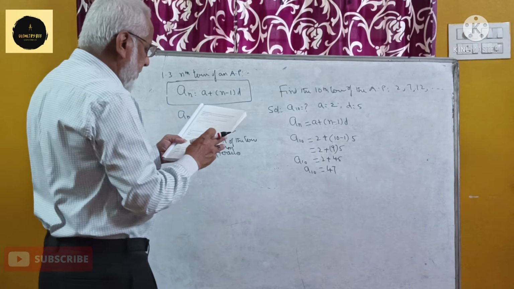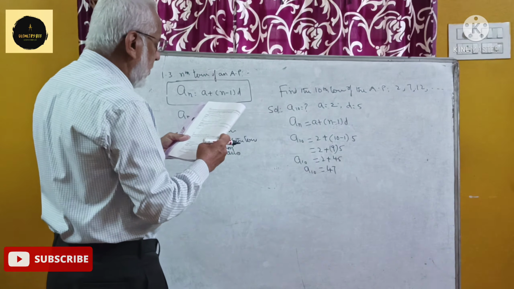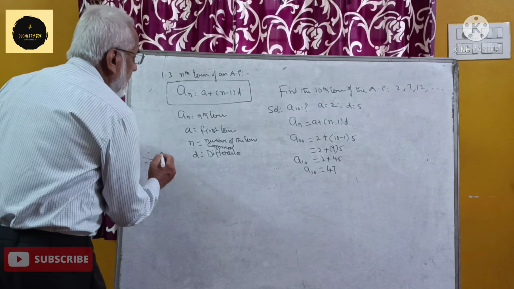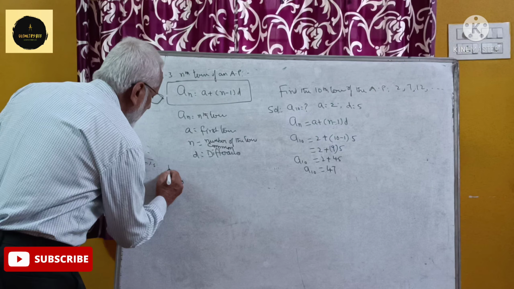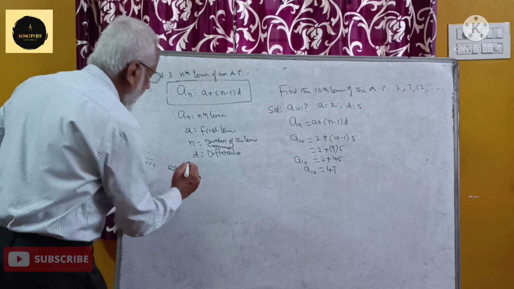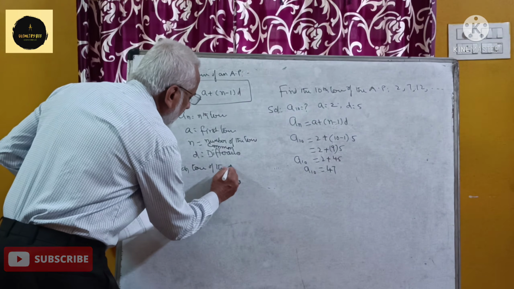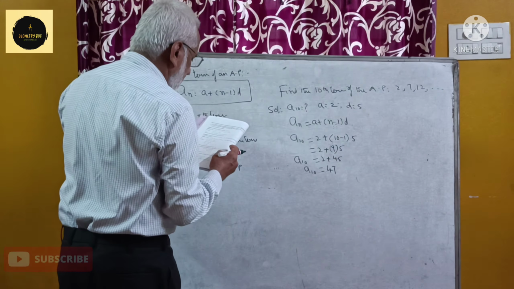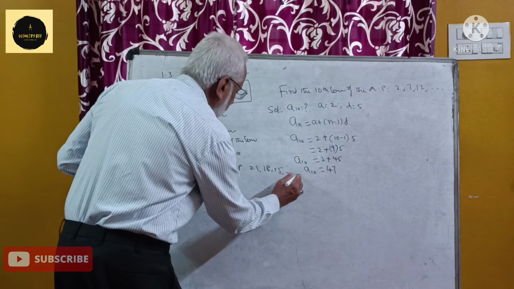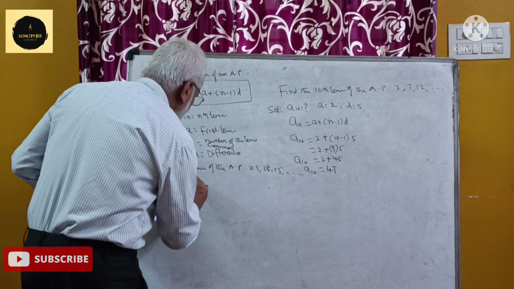Then again, here is another example. Which term of the AP 21, 18, 15 and so on is minus 81?